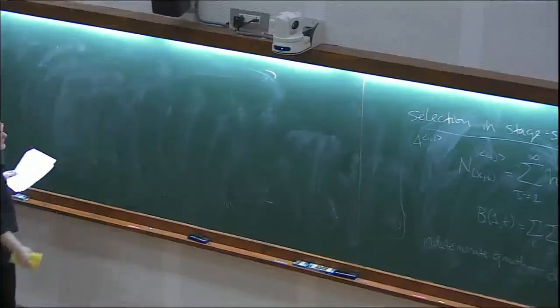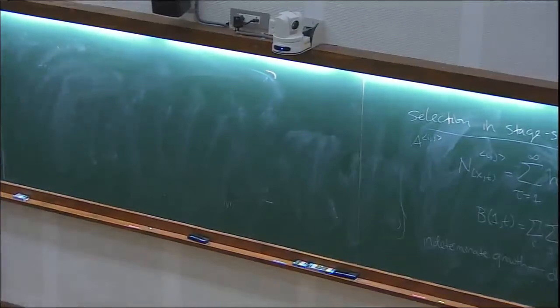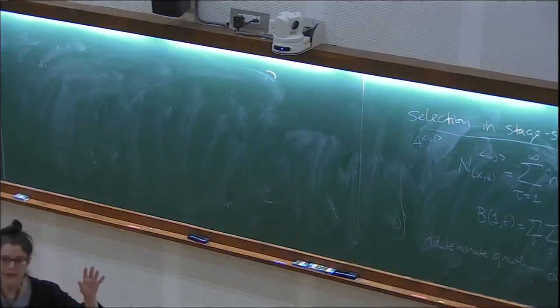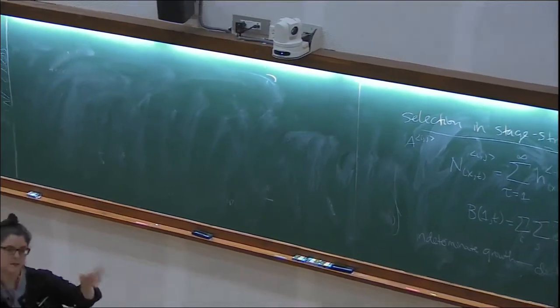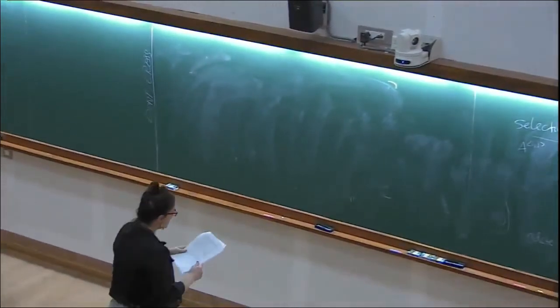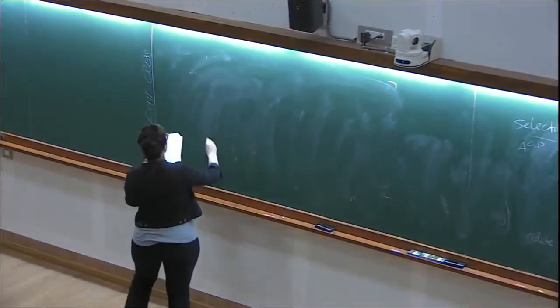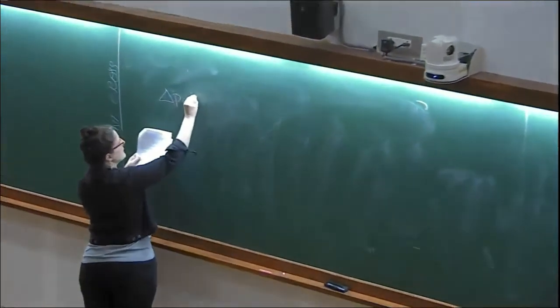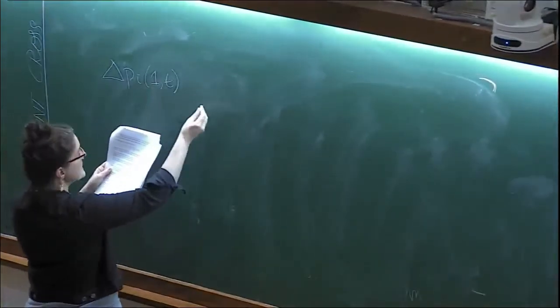If we once again assume weak selection, and I won't write out the details, but it's basically the same assumption as before, that setting some genotype to the standard, any genotype differs from that by some small amount epsilon. We can then define the change in allele frequency at stage 1.